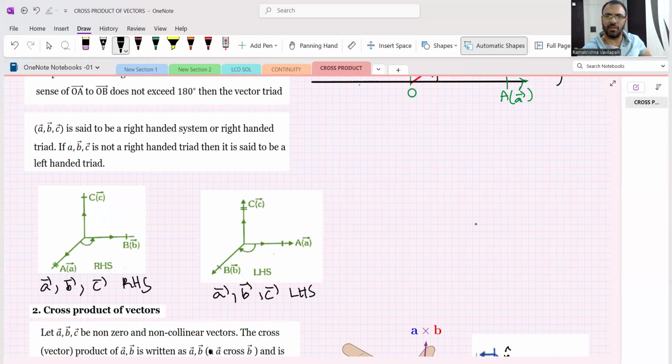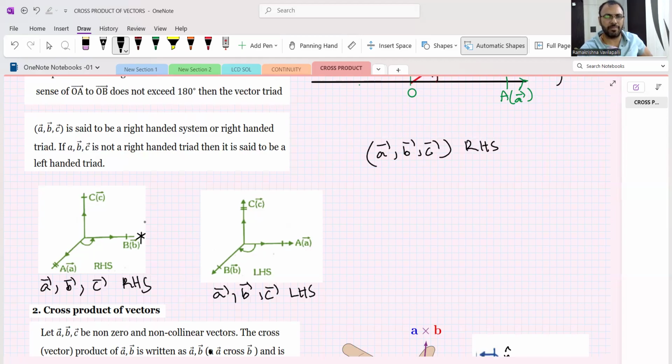What will happen? When A bar, B bar, C bar form a right-handed system of vectors, you are starting from A. Now you can start from B also.